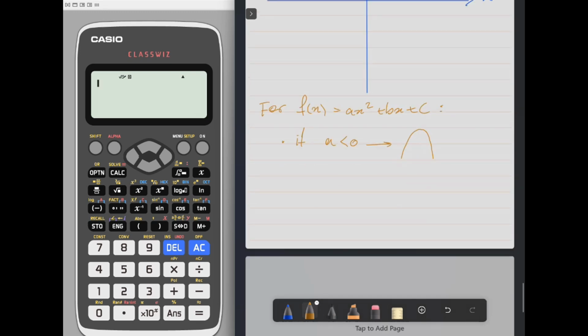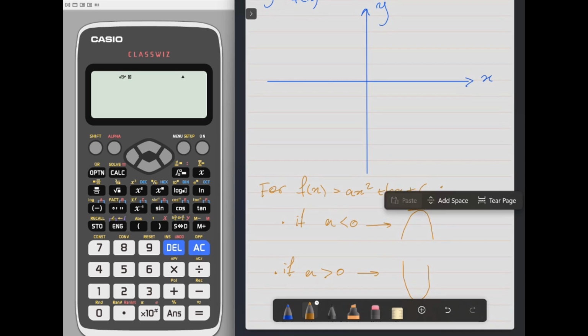You can just recall it as n. It has a maximum, right? And if a is greater than 0, then your shape is going to be u, which will have a minimum. Here it is the minimum, here this one is the maximum.